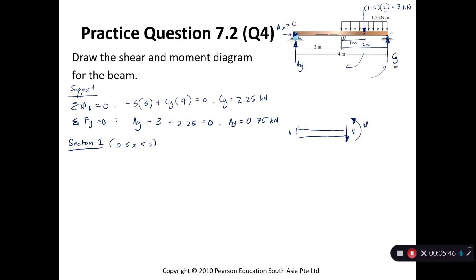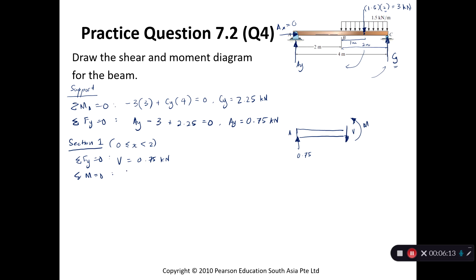moment. Here we have AY, of course. AY, I'm just going to write the magnitude, 0.75. That's it. So summation of force in y direction equals 0. You will get V kilonewtons. Sum of moment about the sectioned end equals 0.